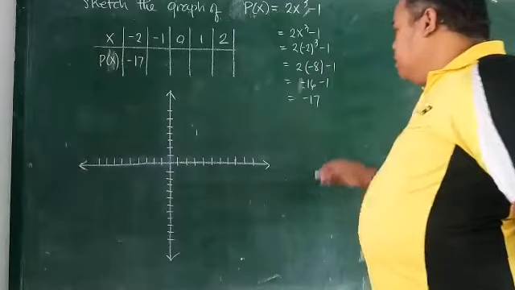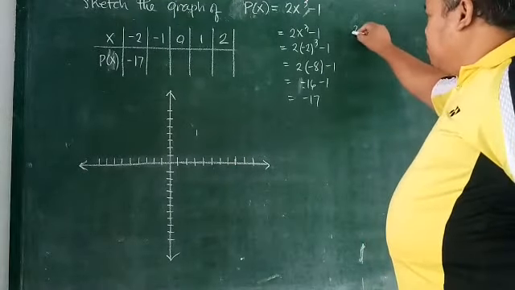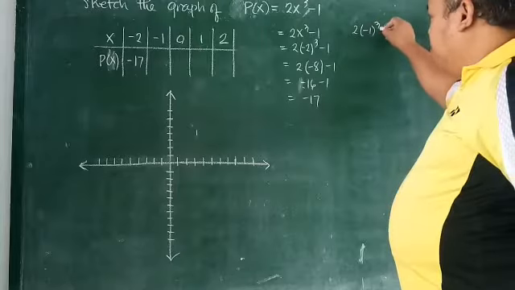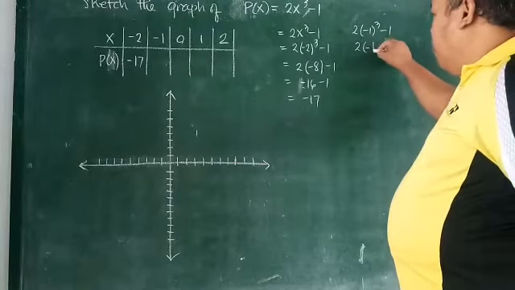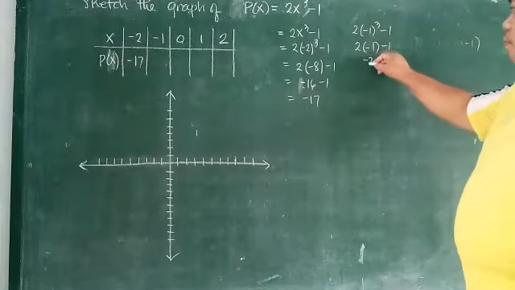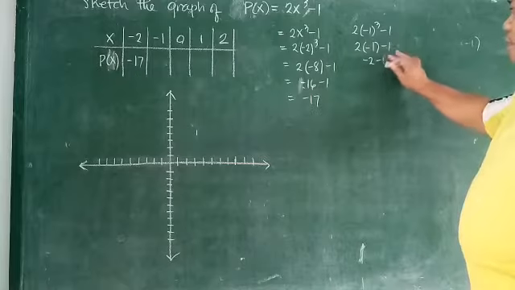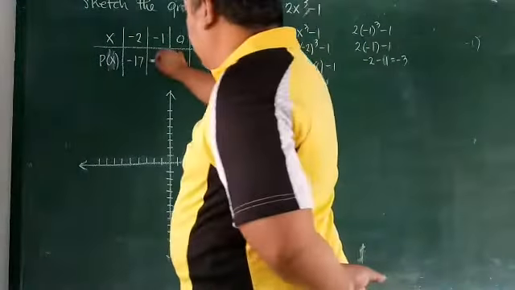What about if x equals negative 1? This is 2 times negative 1 cubed minus 1. This is 2 times negative 1 minus 1, so negative 2 minus 1, which is negative 3.